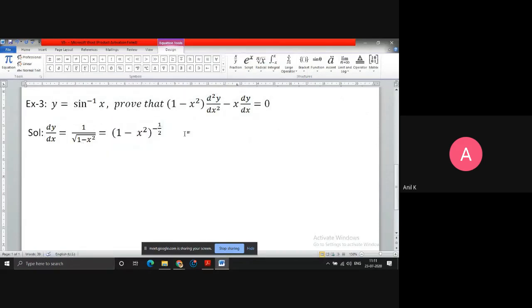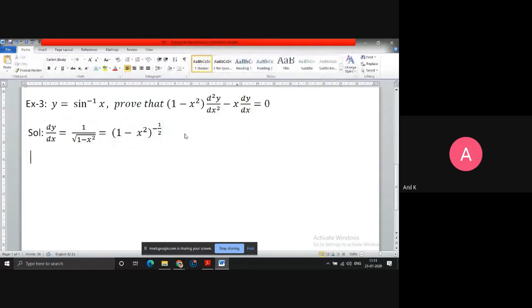Because this way I have to find the second derivative also, right? It makes it easy for me. Now this is some theta to the power minus 1 by 2, like the derivative of x to the power of n is n into x to the power of n minus 1. That is the formula I have to apply, right?